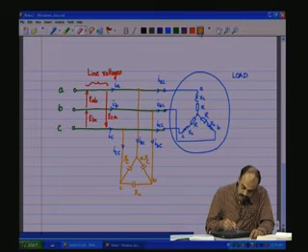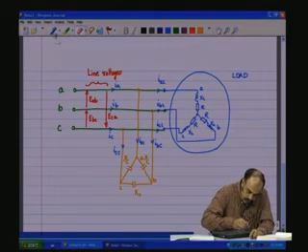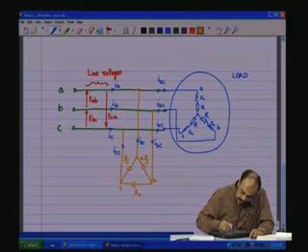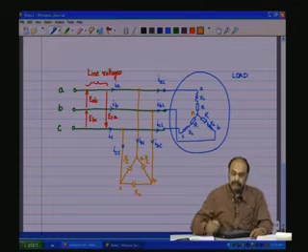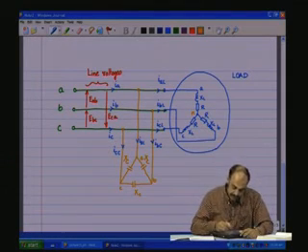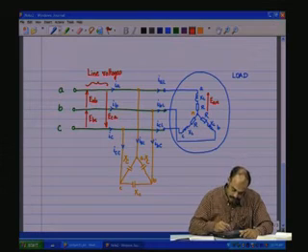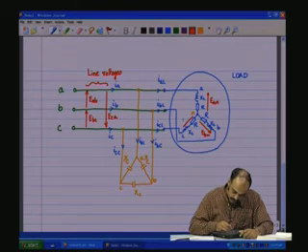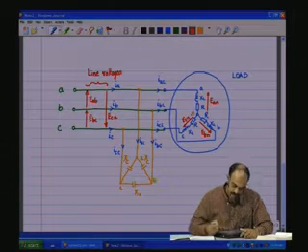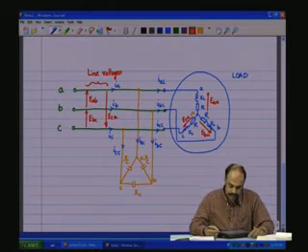Now, at this point, let us also include in the star circuit a point called the neutral point, so that we can say this is EAN, and here we have EBN, ECN.